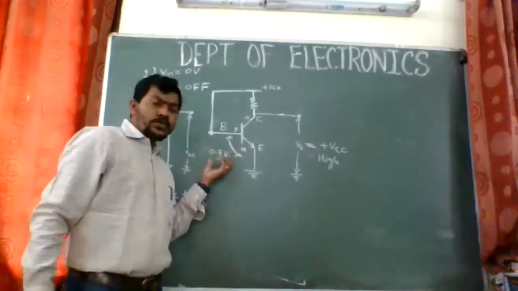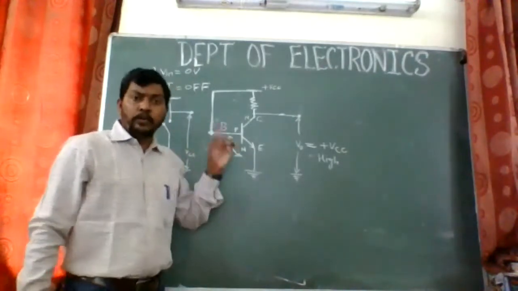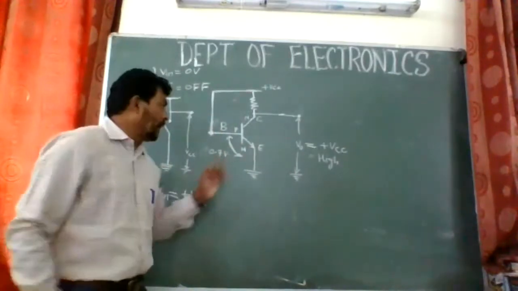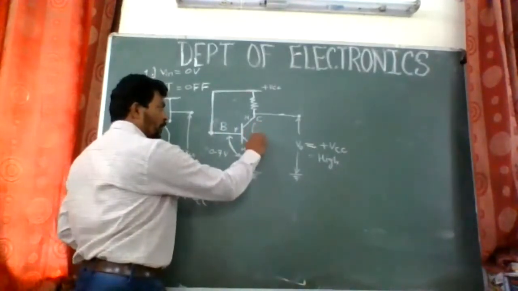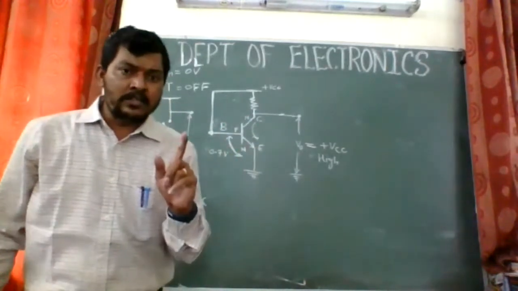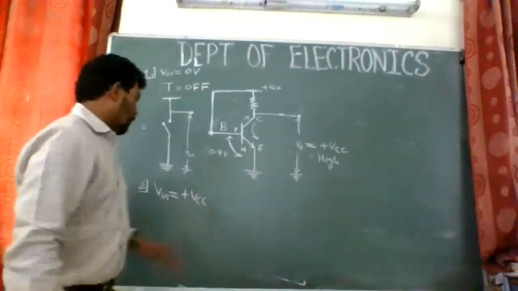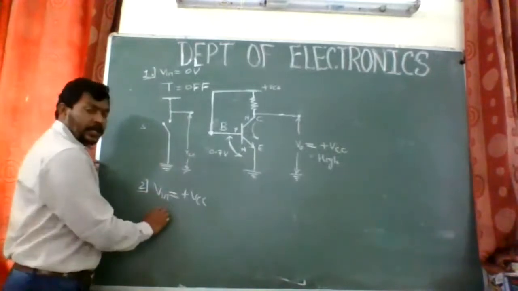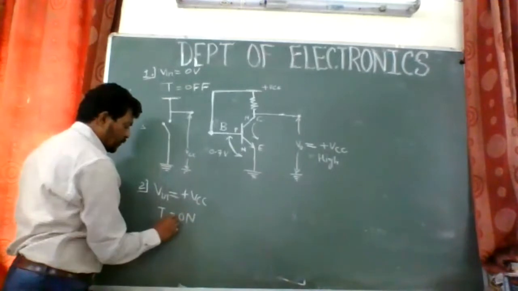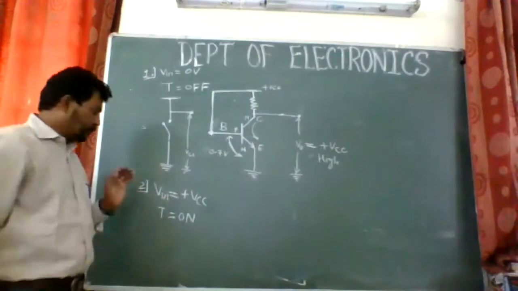As soon as it is greater than 0.7 volt, this PN junction diode becomes forward biased. As soon as this diode becomes forward biased, current starts flowing through the transistor, and we say that the transistor conducts, or the transistor is on, right?